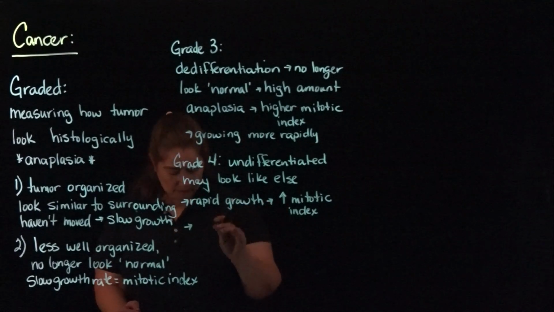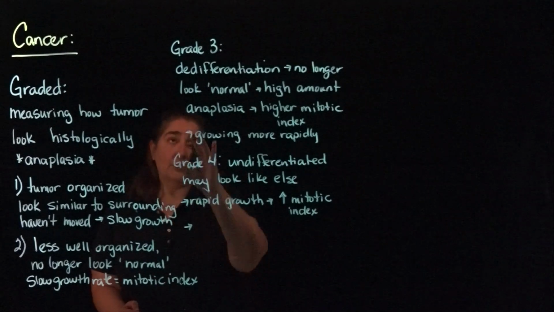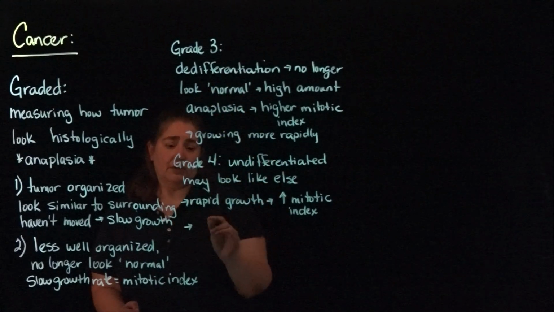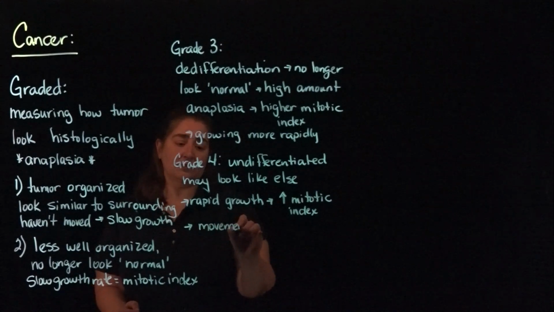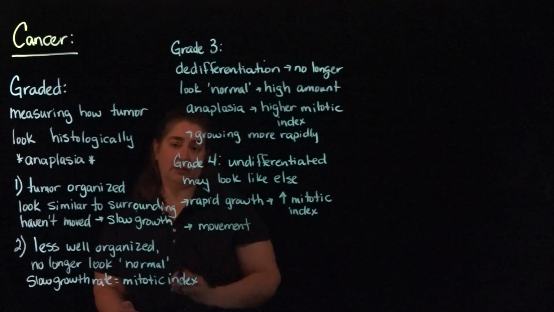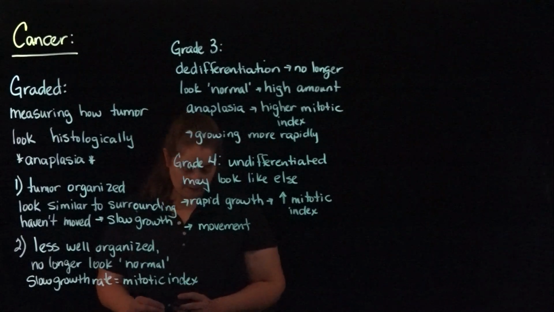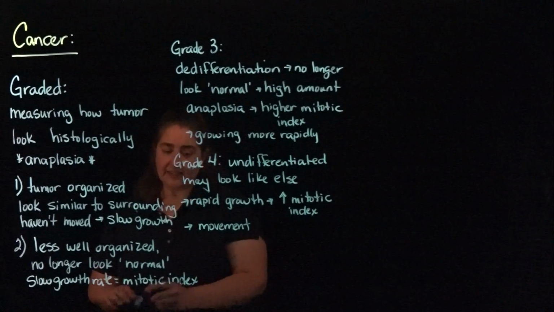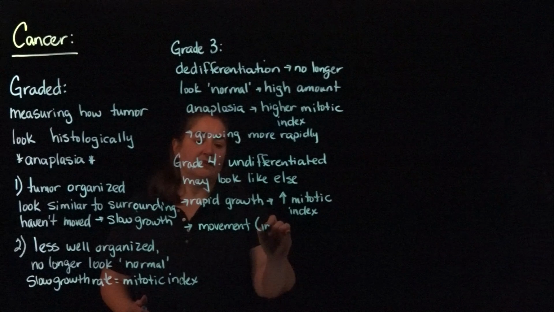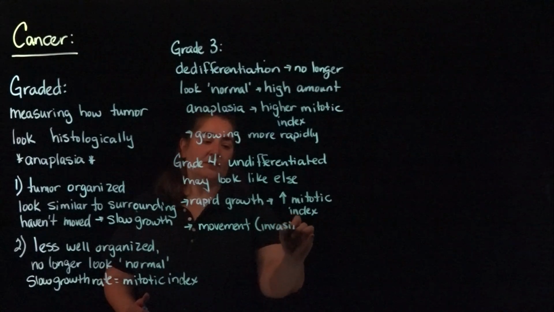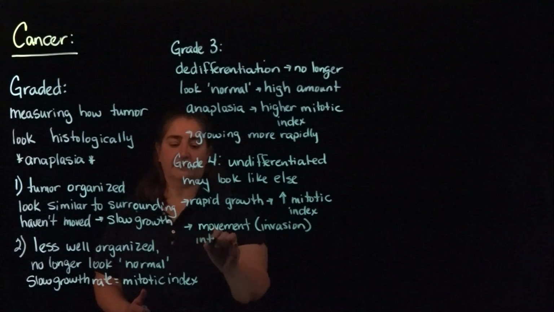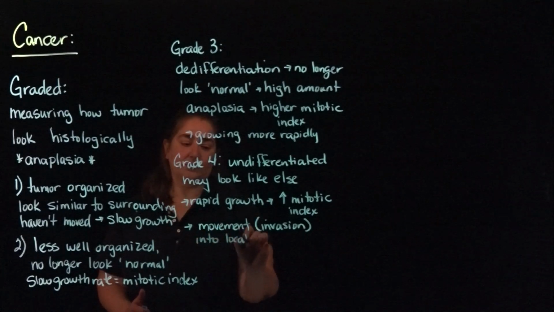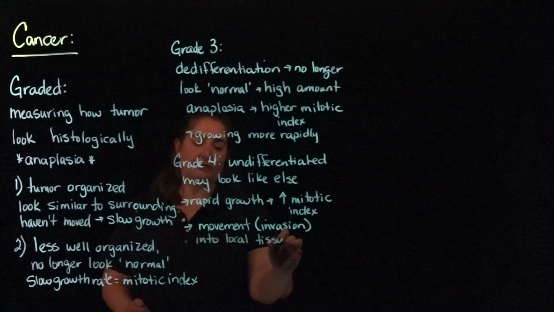And with this one, when it reaches between grade 3 and grade 4, this is when you typically start to see that those tumors have gained the ability to move. Okay? So they may see invasion into the local tissue. Okay?